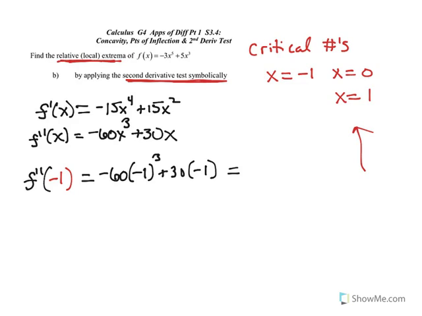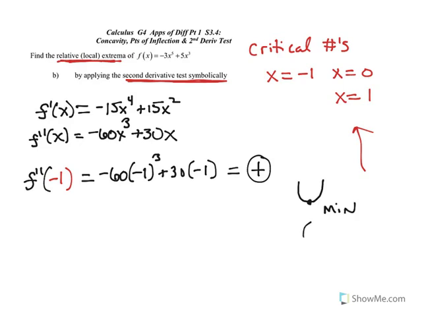So if we do the calculations on that, we get a positive number. You technically get +30, but again, we're not really concerned about the number, just whether it's positive or negative. So it works out to be a positive result. So that's telling us that at this critical point, the graph is concave up. So if something is concave up, then it must be making a min.